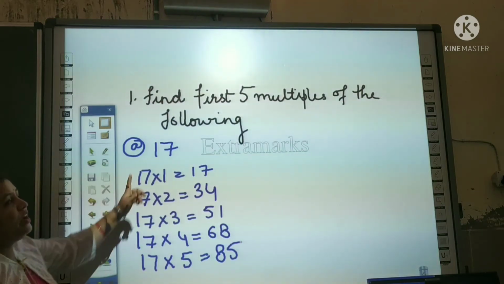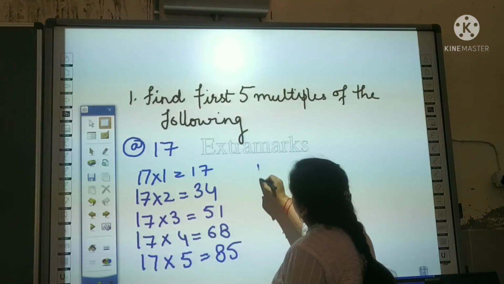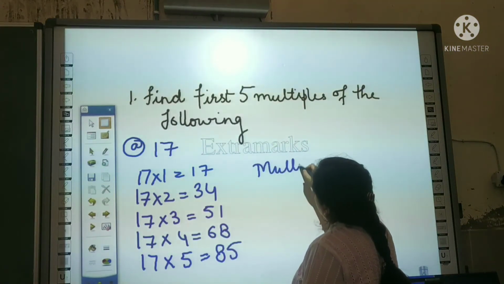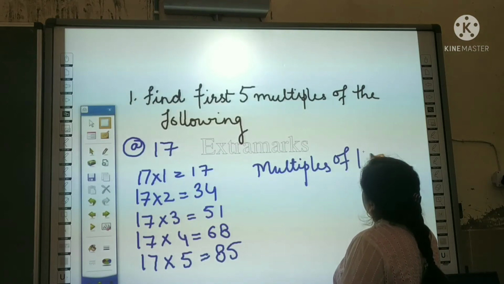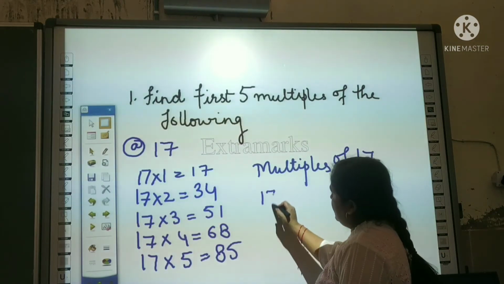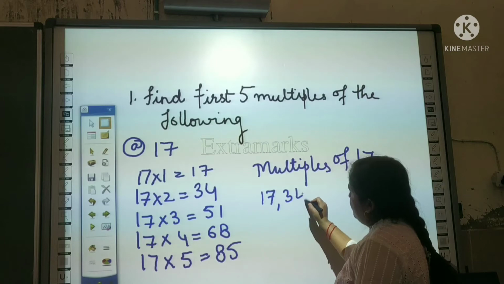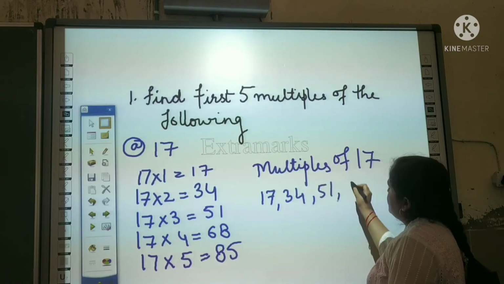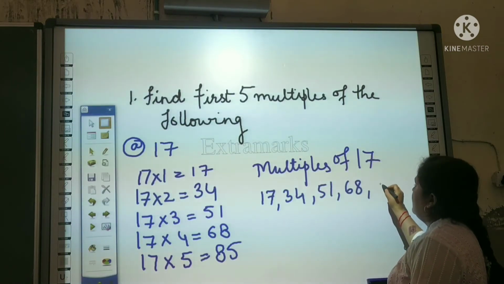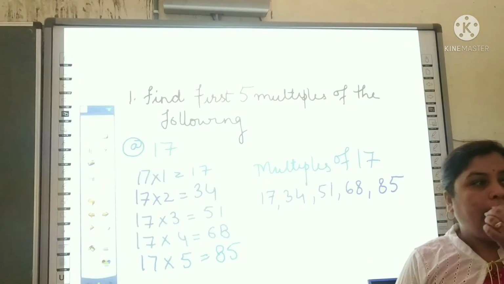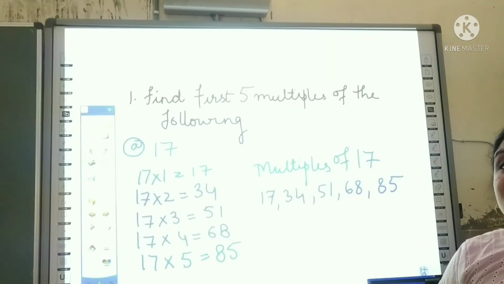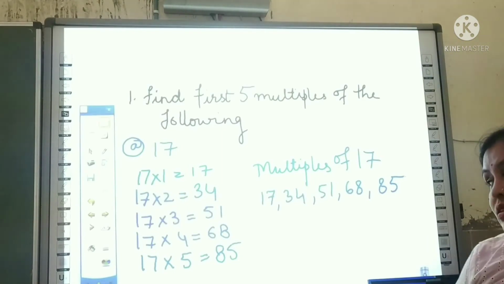So the first 5 multiples of 17 are 17, 34, 51, 68 and 85. Understood or not? Yes, ma'am.